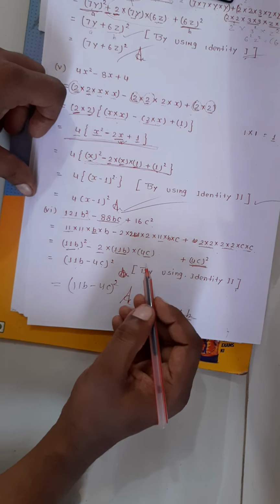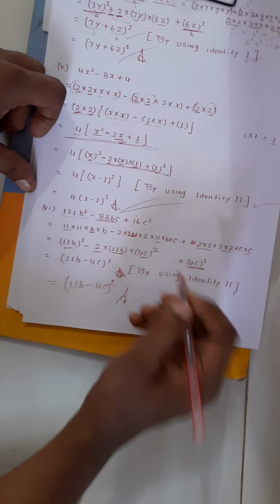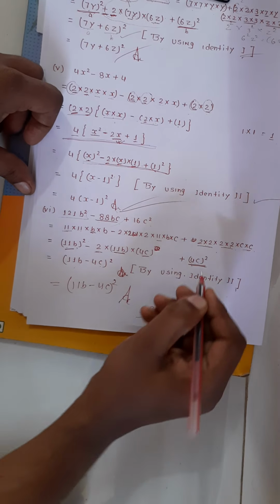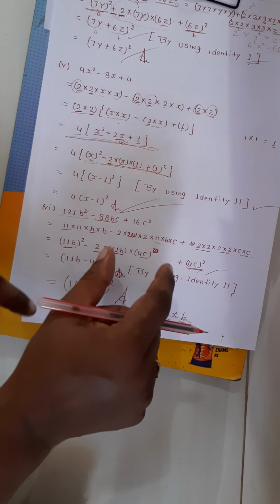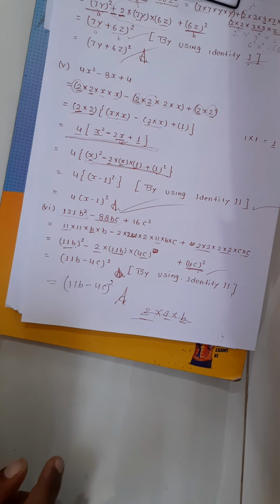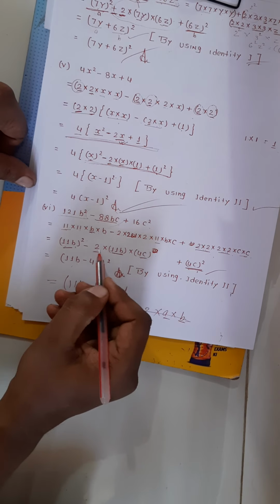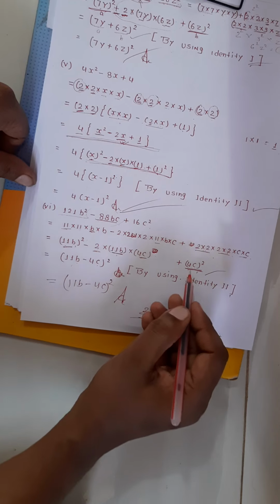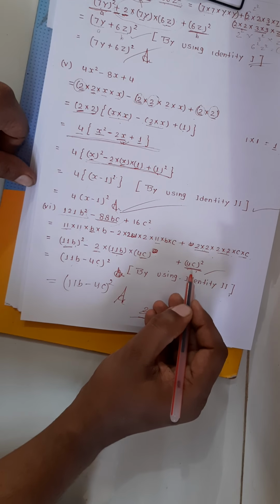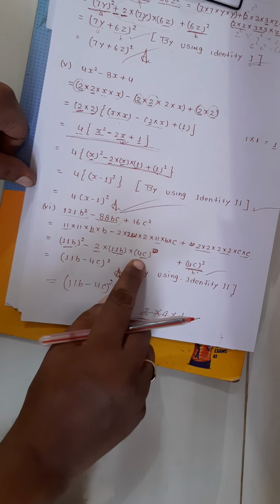Now we make the structure 2ab. 2 means 2, a means 11b, b means 4c.